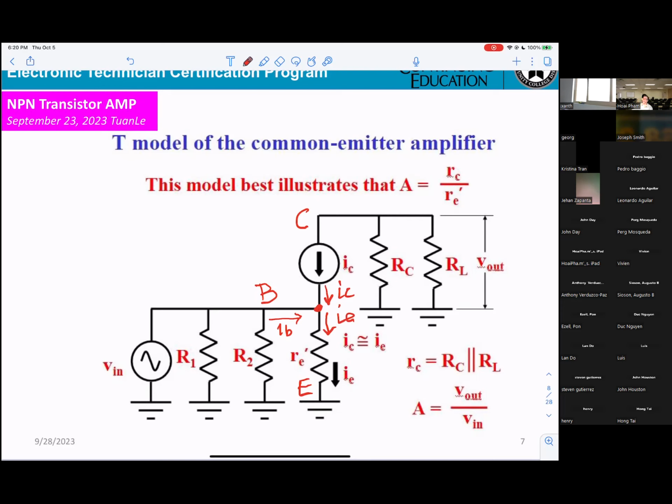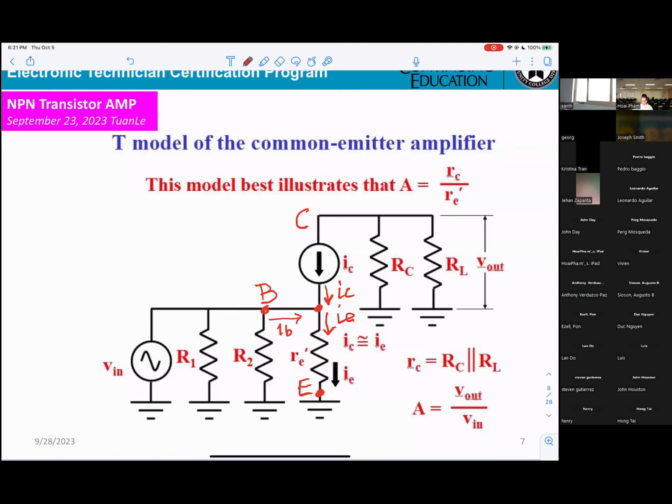We already telling you in the DC, from the base to the emitter, you get a diode. However, for the amplifier, from the base to the emitter, now you get the resistance.